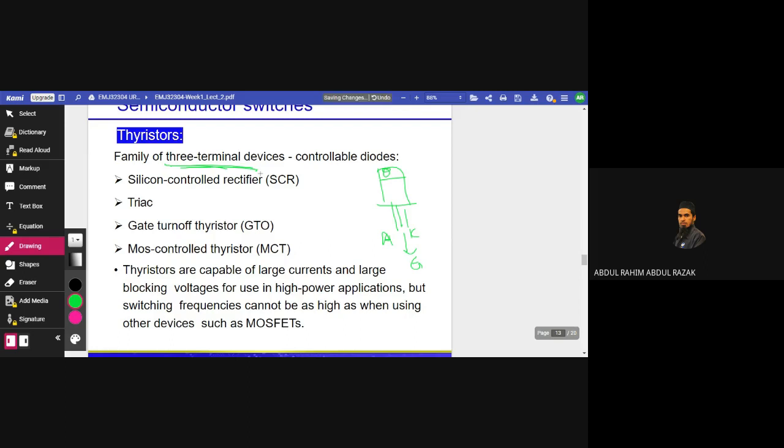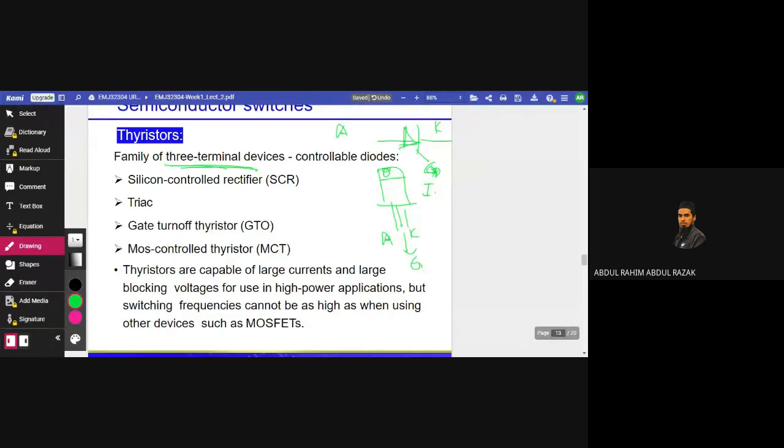So the thyristor is a controllable diode. It's a diode composed of anode and cathode here, with a gate. For this controllable gate, some devices we just apply current.